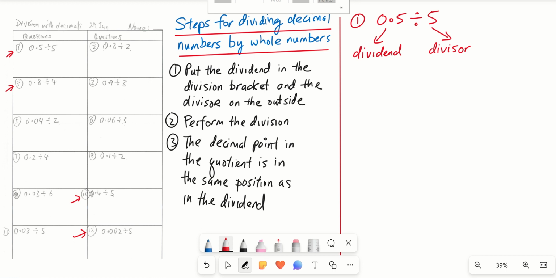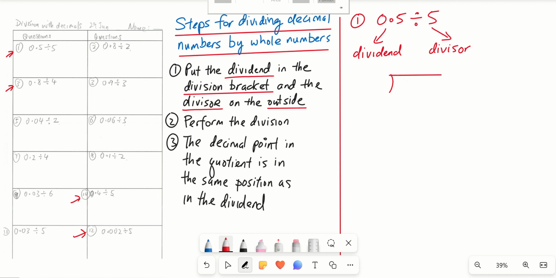So we put the dividend in the division bracket and the divisor on the outside of the division bracket. So this is the division bracket.